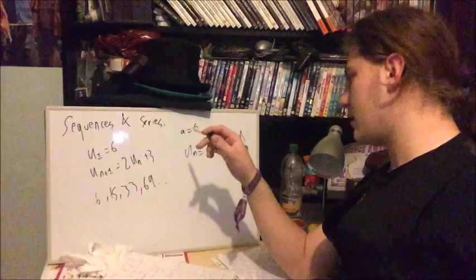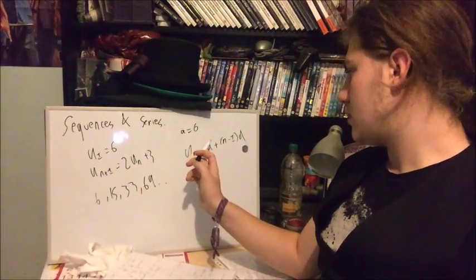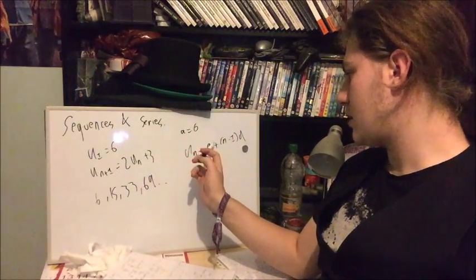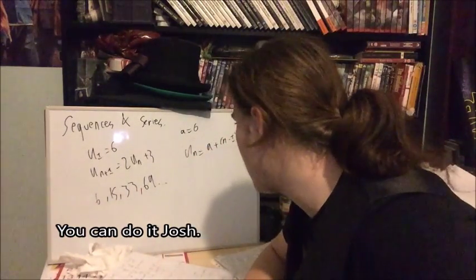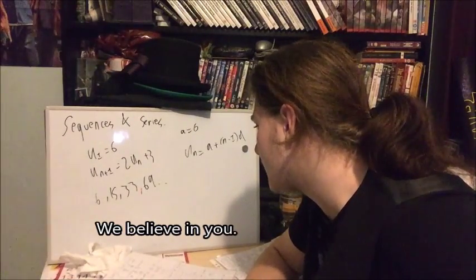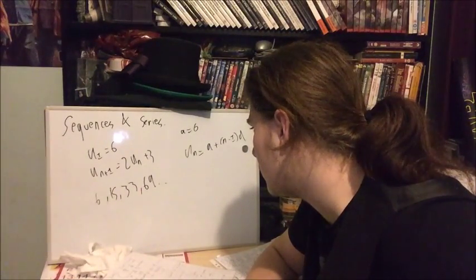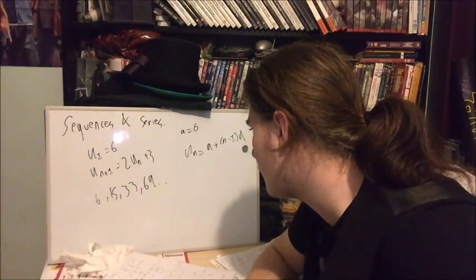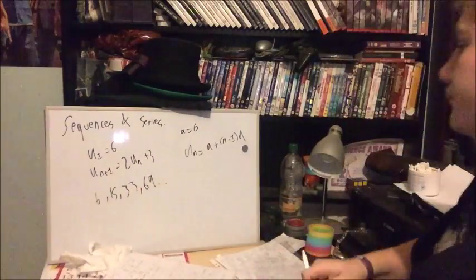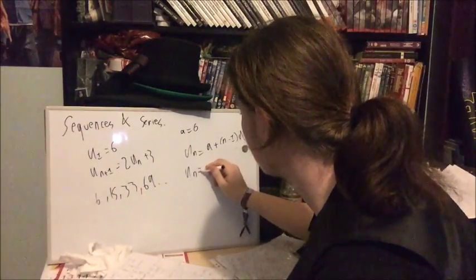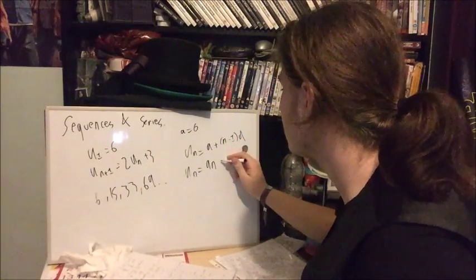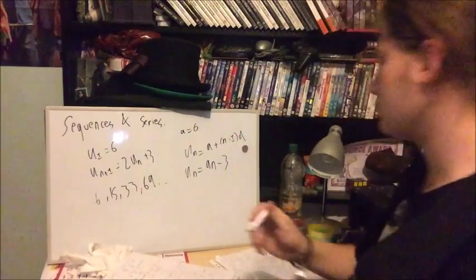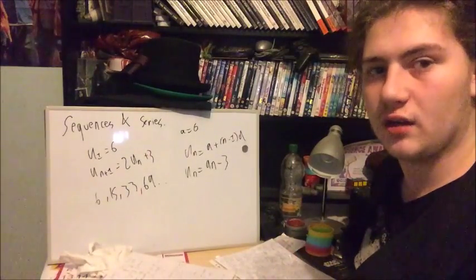So in this case, un is equal to 6 plus 9n minus 9. So un equals 9n minus 3, which is basically like the nth term.